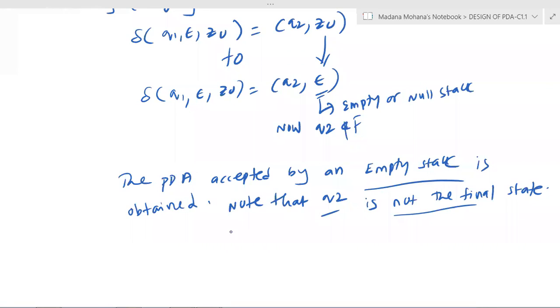So like that, for any given context-free language problem, we can construct its corresponding pushdown automaton accepting with a final state or accepting with empty stack or null stack.